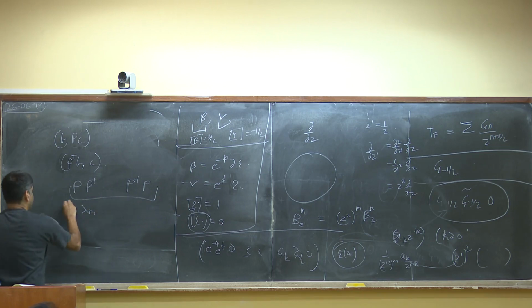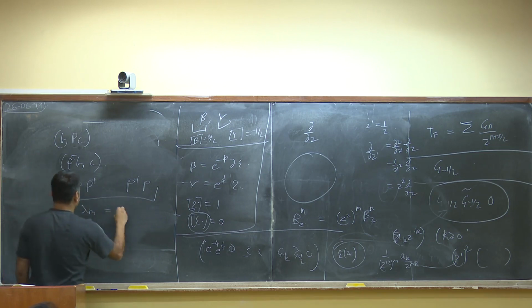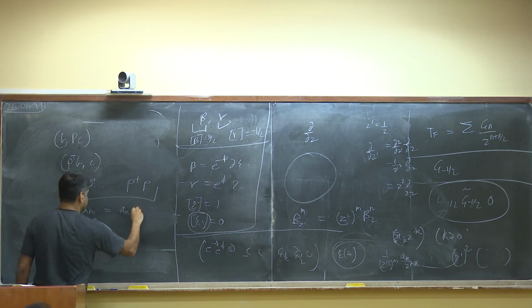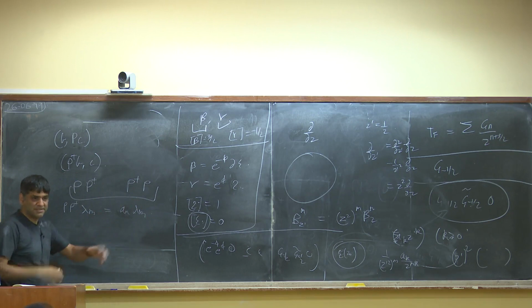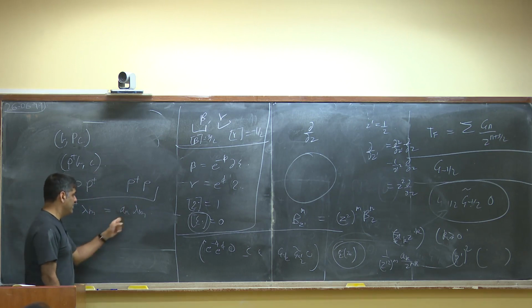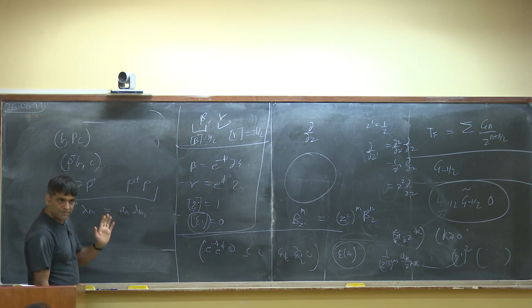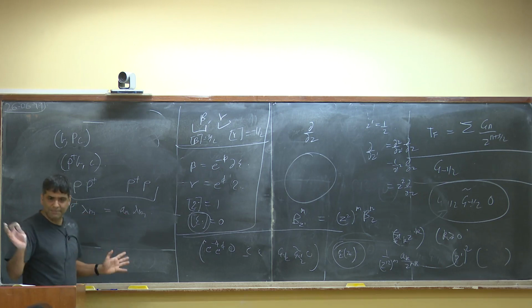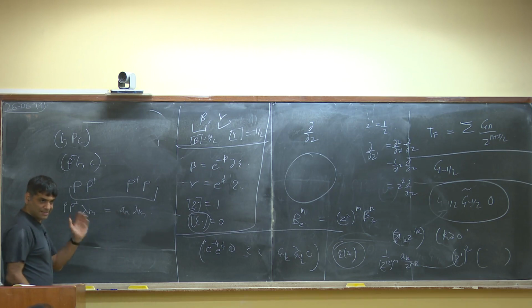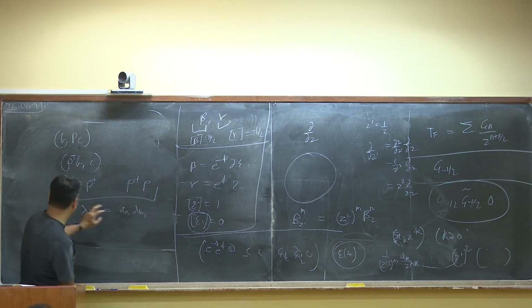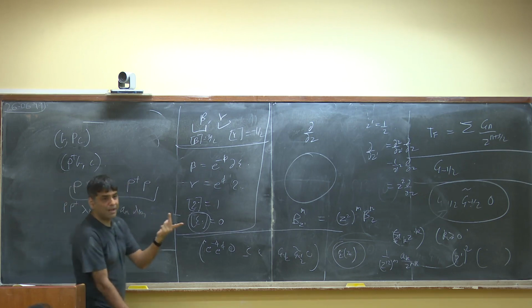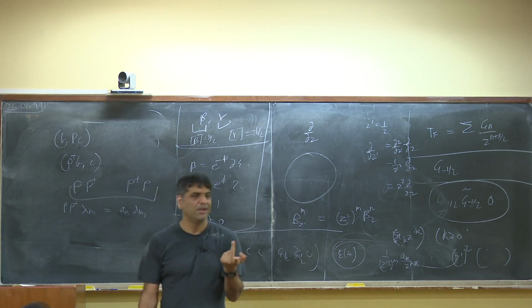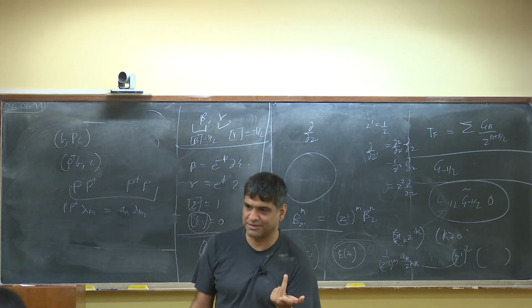Let's say P dagger P lambda m is equal to a m lambda m, where lambda m is some wave function. The case where a m is 0 is special. Put that aside for the moment. All the non-zero a m are a spectrum, and you remember that the non-zero part of the spectrum of P dagger P was the same as the non-zero part of the spectrum of P P dagger.